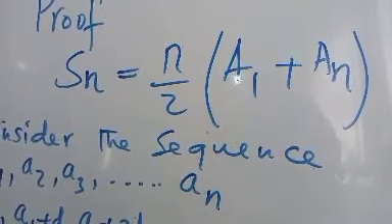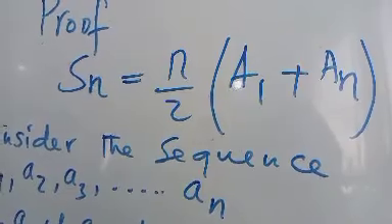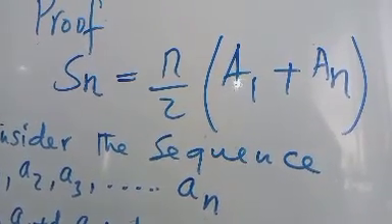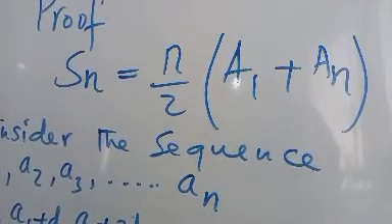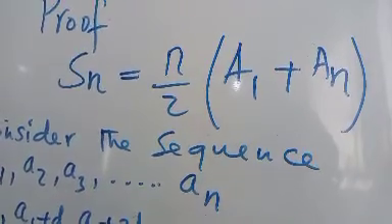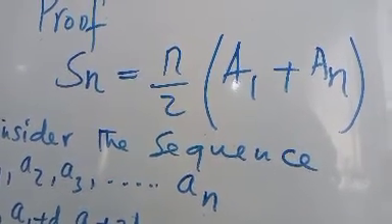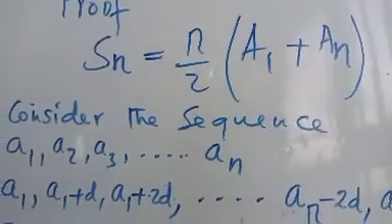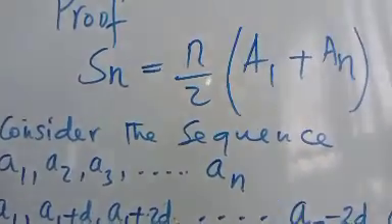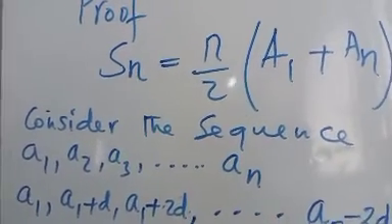Sn stands for the sum of n terms, and n stands for the number of terms of a given arithmetic series. So we want to prove that this formula is correct.